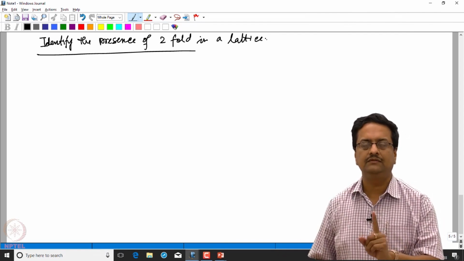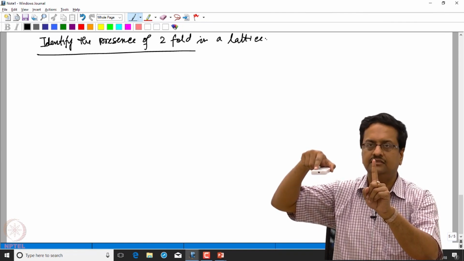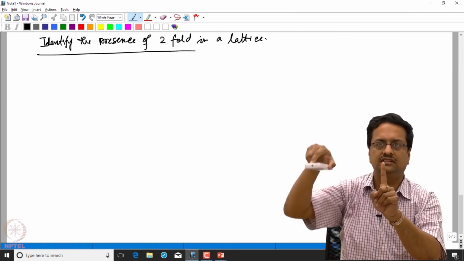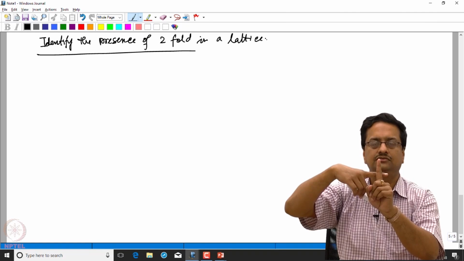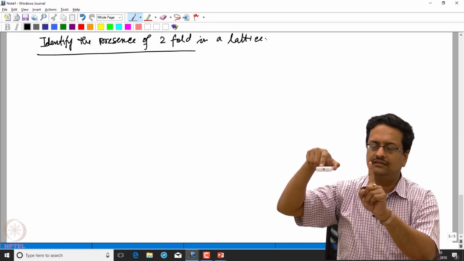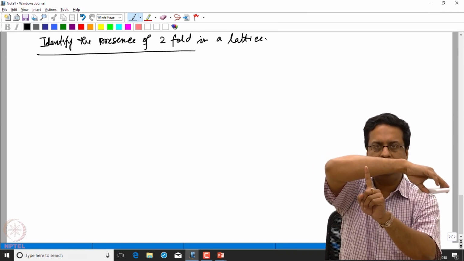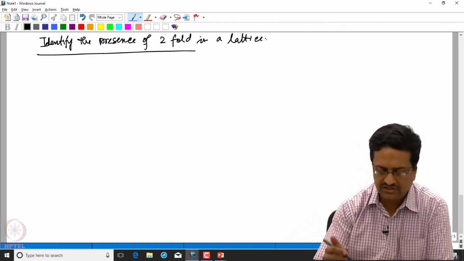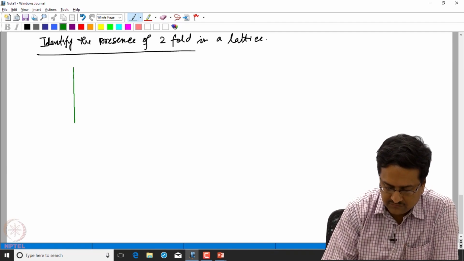For example, if I rotate this object about a twofold and project it from the top on a plane perpendicular to the twofold, how would it look? I am trying to draw this two-dimensional projection.